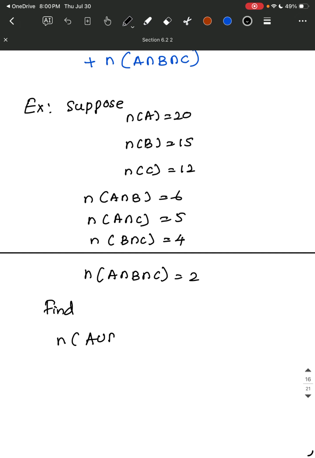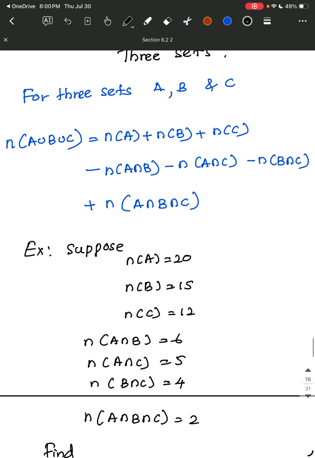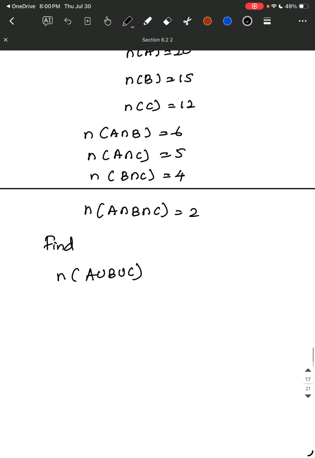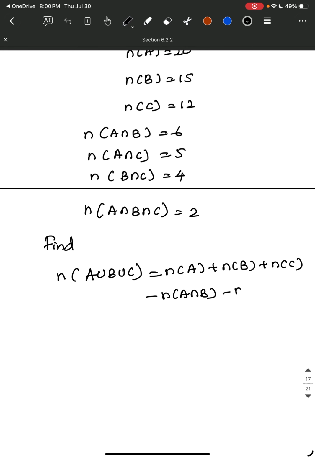So you can directly solve this using inclusion-exclusion for 3 sets, which equals n(A) plus n(B) plus n(C) minus n(A intersection B) minus n(A intersection C) minus n(B intersection C) plus n(A intersection B intersection C).